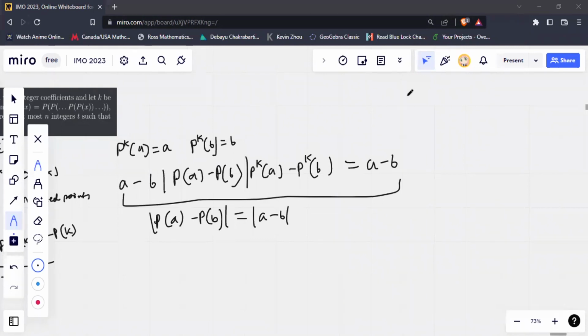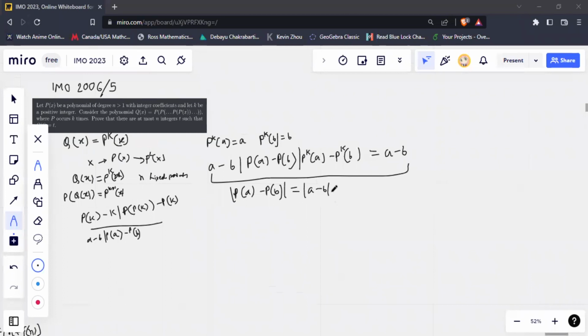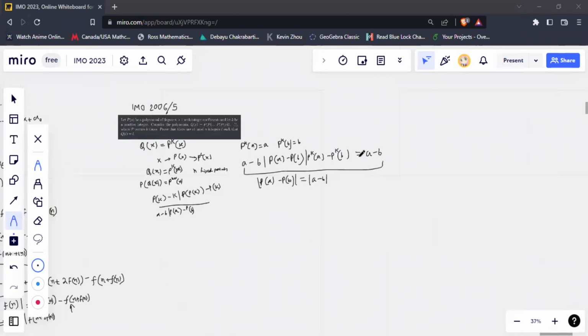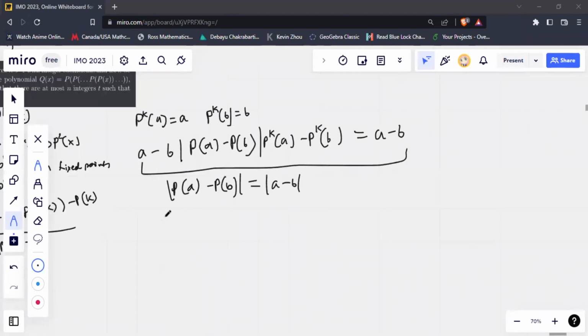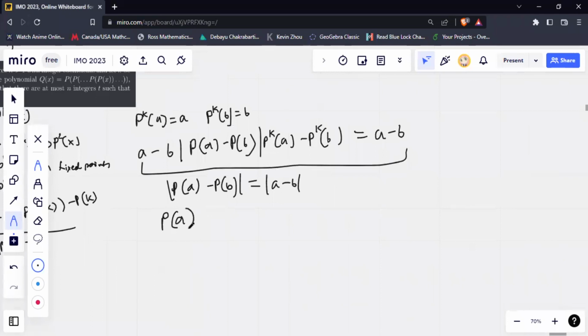But now how do we move from here? We can probably get some kind of degree bounding contradiction. Okay, so let's deal with one case. We either have this. We won't need degree bounding in that sense.